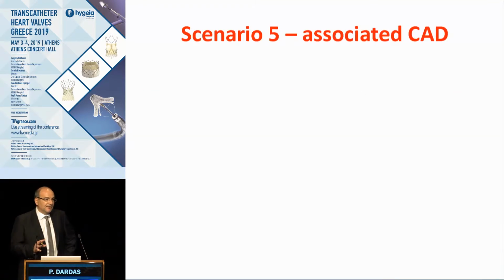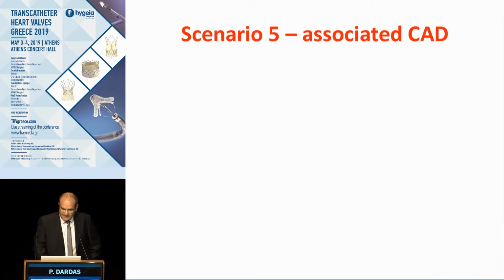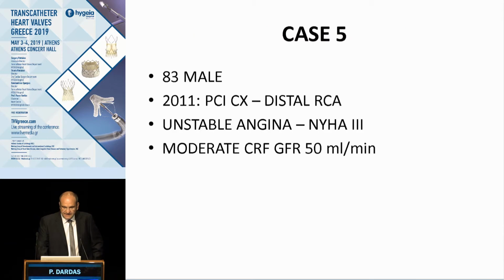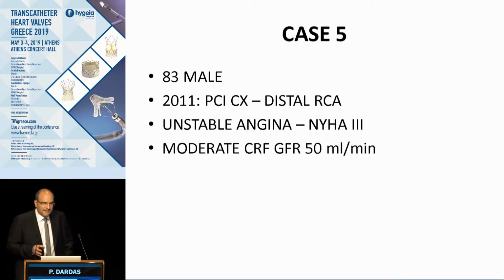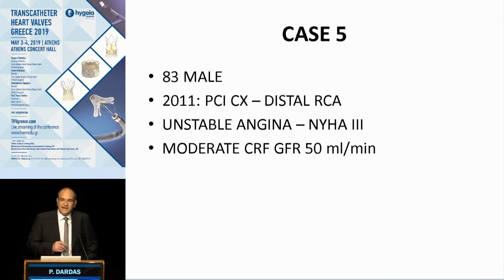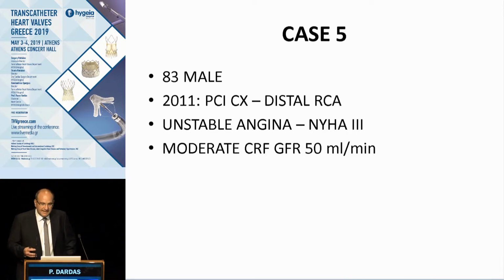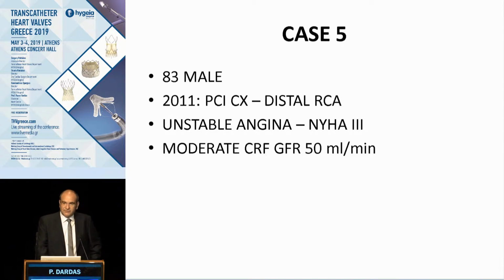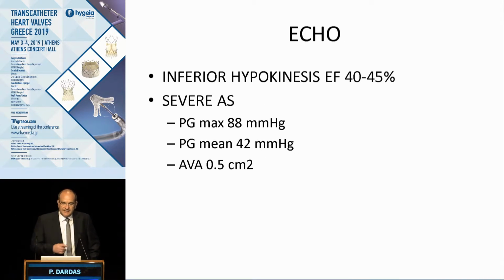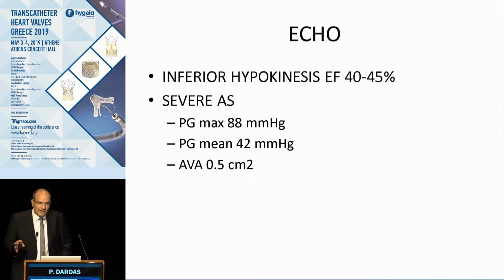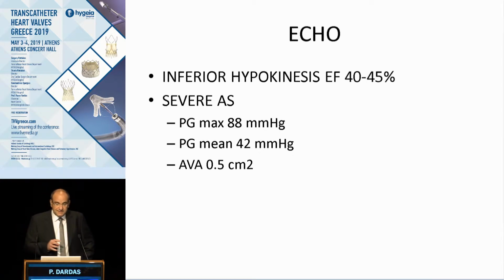Now, another scenario that sometimes we have to be very careful is when the patient has got associated coronary artery disease, and we heard about it before, when we should intervene first or after the TAVI. And this is a strange case, an 83-year-old male who had PCI to circumflex and distal right coronary artery, and he developed unstable angina, and he also had moderate renal failure, and his echocardiogram showed an inferior hypokinesis and also severe aortic stenosis with a valve area of 0.5.